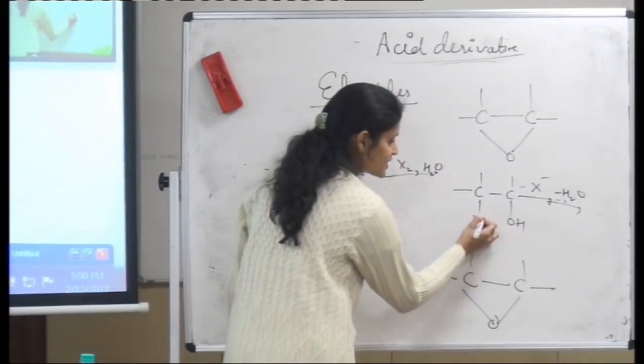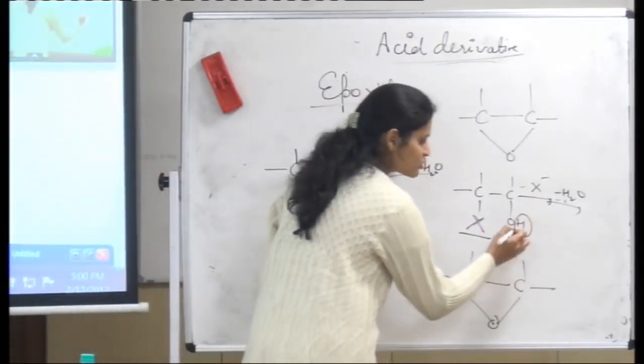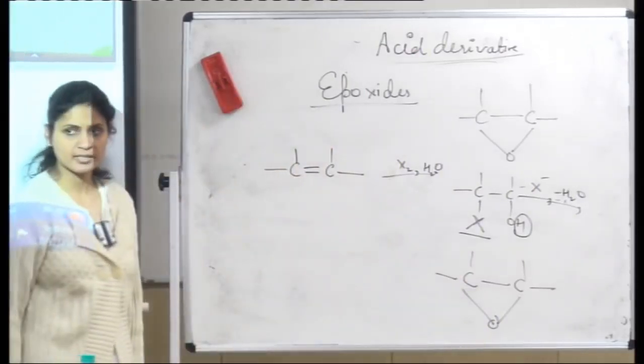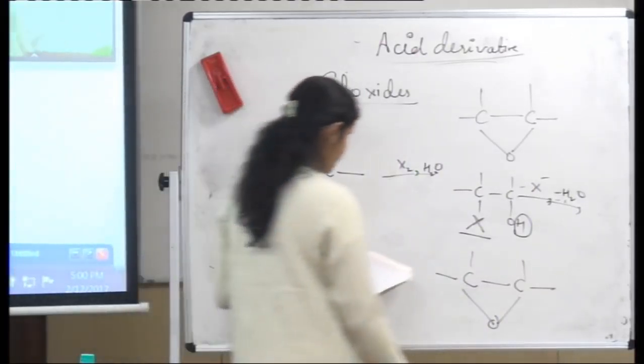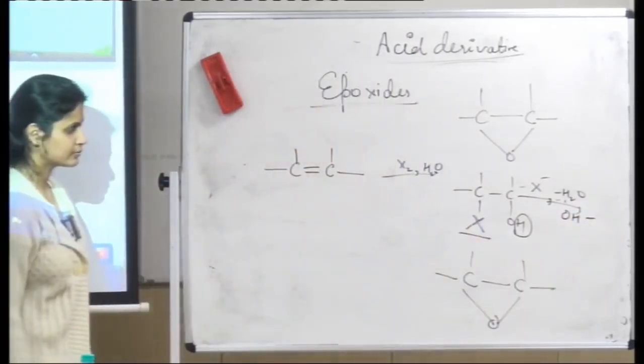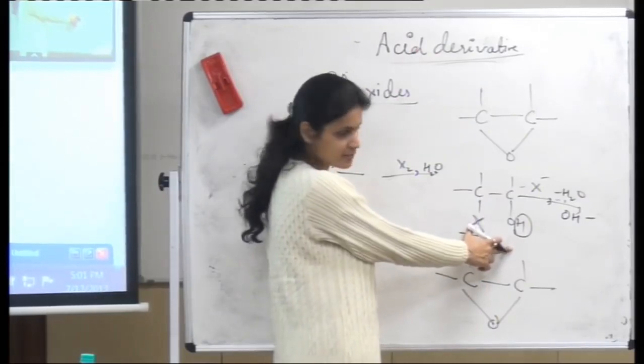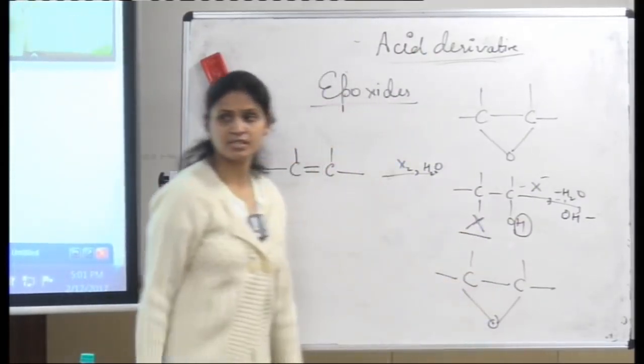I have removed this halo group and this hydrogen part to form the epoxide, in presence of base. Base will abstract one proton from it, obviously, and form the epoxide.